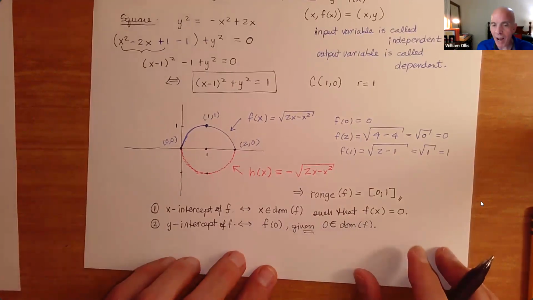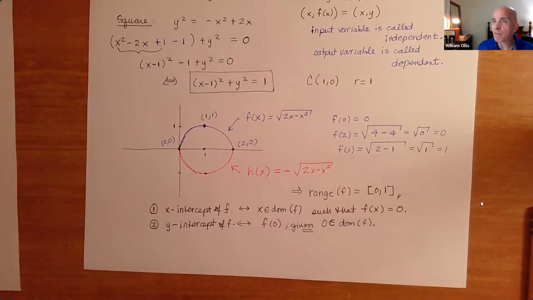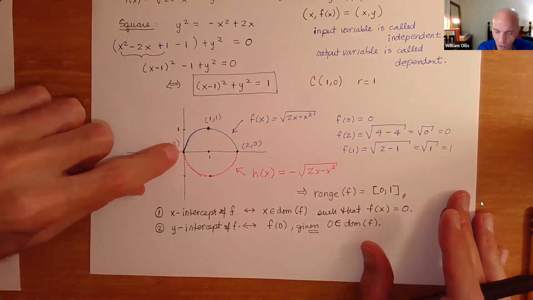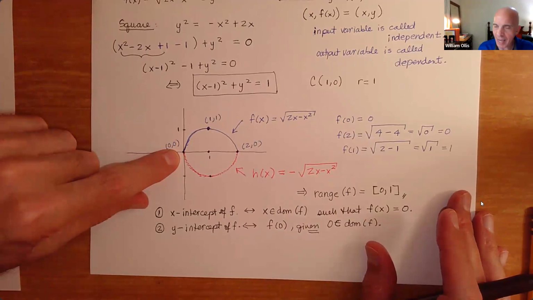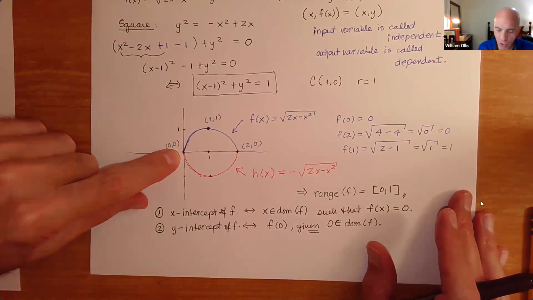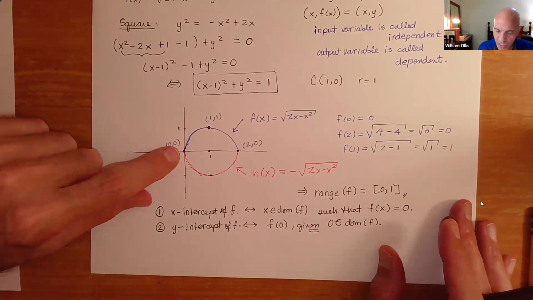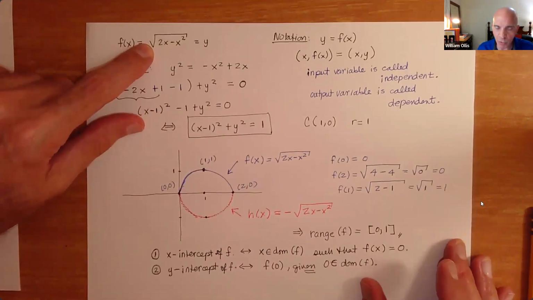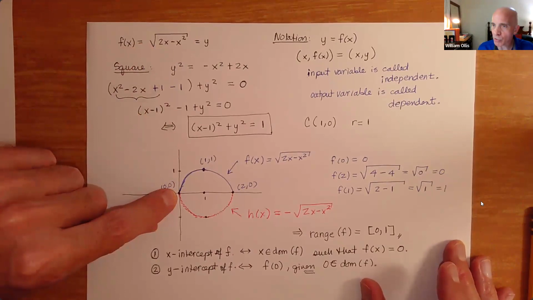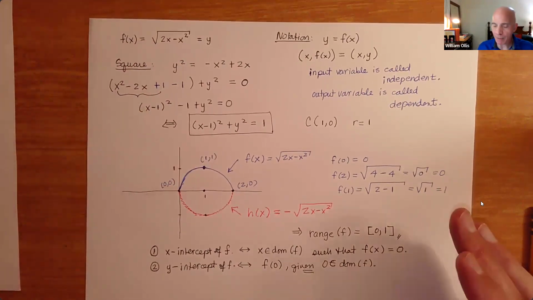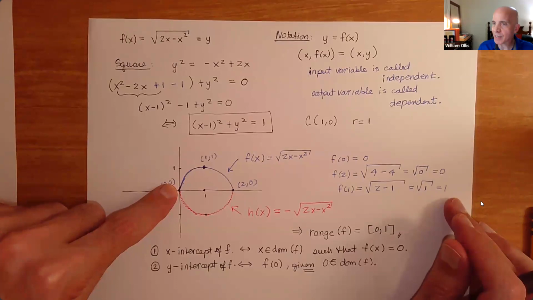For instance, the y-intercept is just the value f of 0. Well, if you input 0 for the value of x, that puts you on the vertical axis. And so now you see that the y-intercept here corresponds to one of the x-intercepts. So when we simply substitute the value of 0 in for x, we do get 0. So we see that the y-intercept corresponds to one of the x-intercepts.